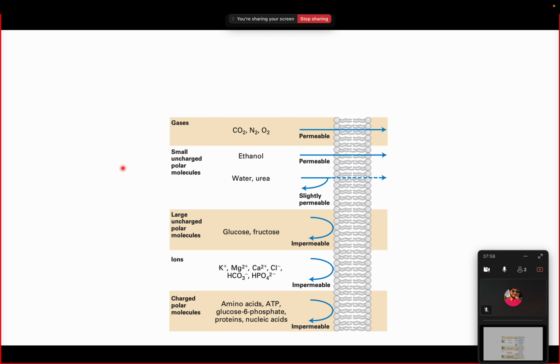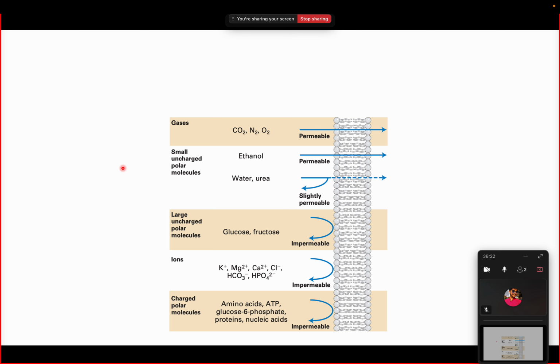Then we have another category of small uncharged polar molecules. Though the molecules are small, it will be easy for them to pass through the membrane. But they are also polar in nature, right? So this property will definitely pose some resistance in transportation, right?